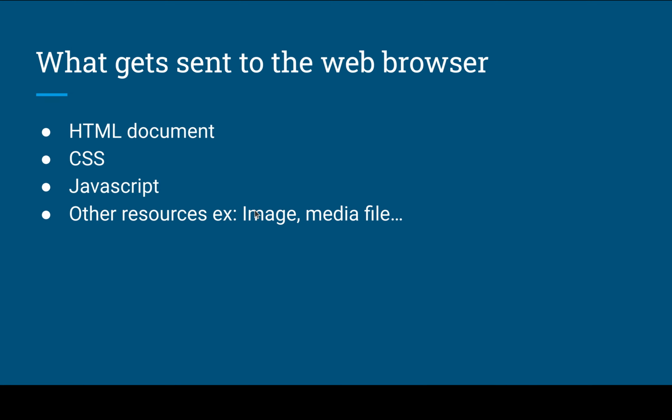For the most part, it is just the HTML document, and the HTML document itself would most likely contain a link to the style sheet. I call this CSS here, basically. And then inside the HTML document, we'll most likely also have a link to JavaScript files and other resources as well, like let's say the images, the media files.